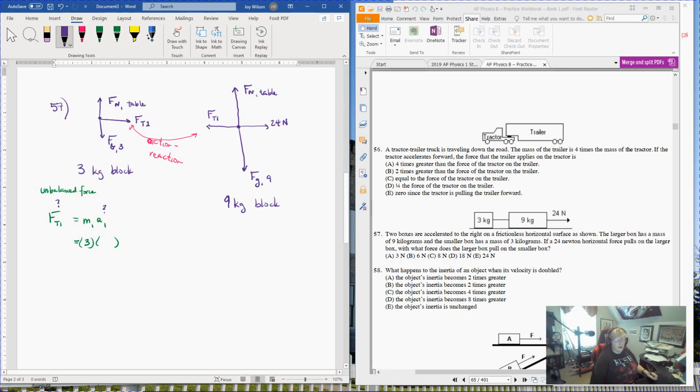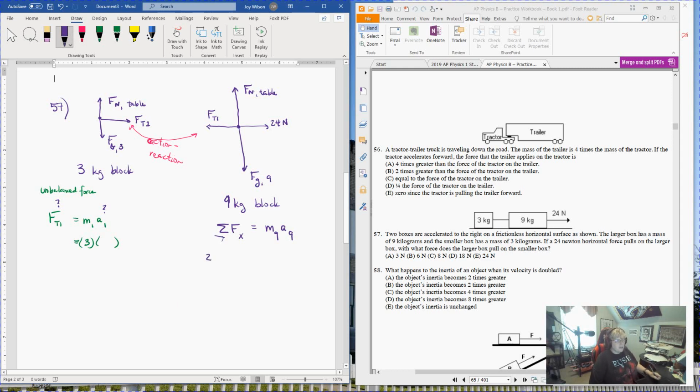So here's what I'm going to do in this scenario. They tell us that it's a frictionless surface, so on this block, the sum of the forces, the net, unbalanced amount that is horizontal, is going to cause the 9 kilogram block to accelerate. So we have our forces that we're going to add up. What forces do we add up?